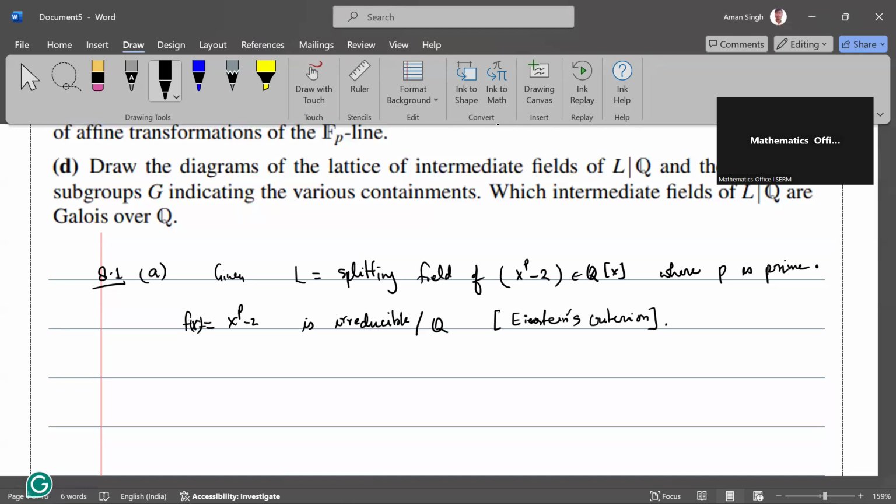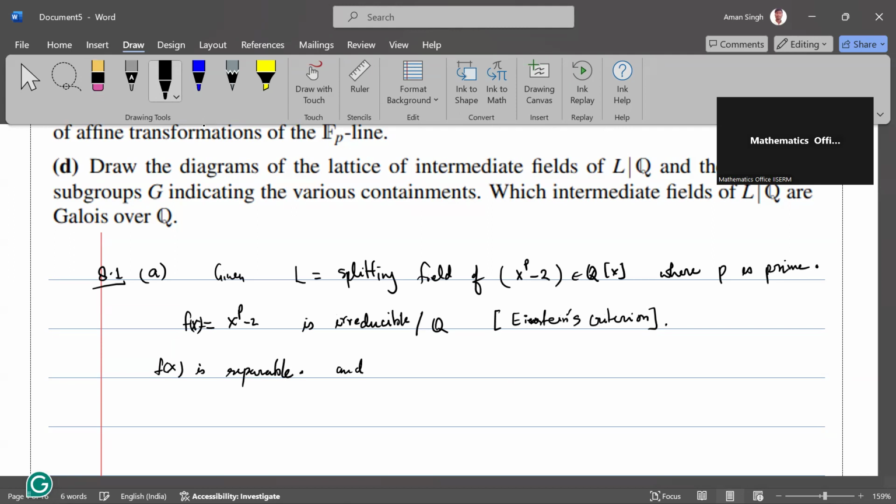For example, 2 does not divide. Okay, whatever. This is irreducible, let you check it. It is irreducible, and in particular because Q is of characteristic 0, f x is a separable polynomial, since whatever the roots of f are, they are distinct.